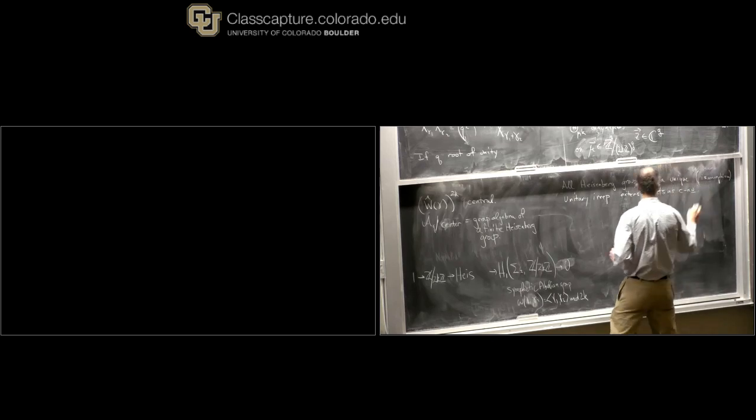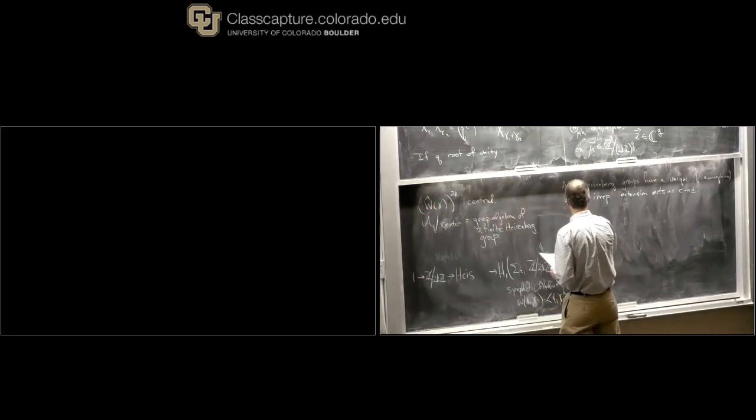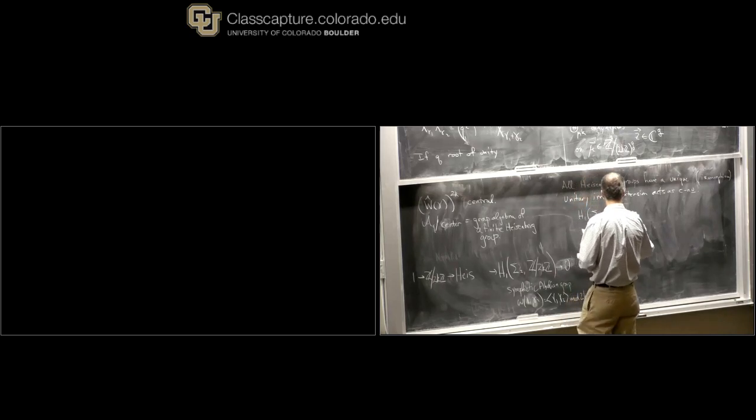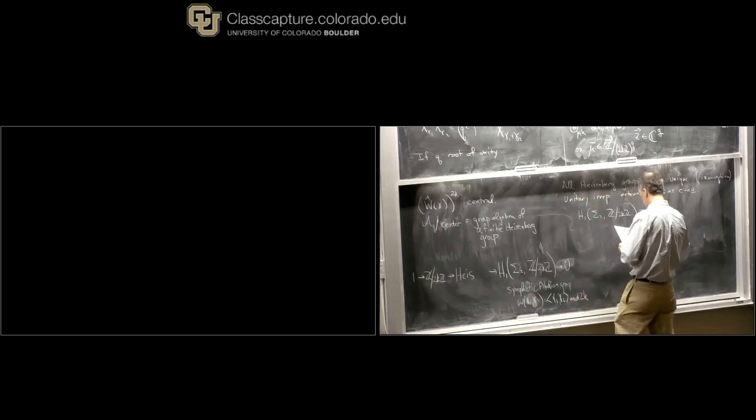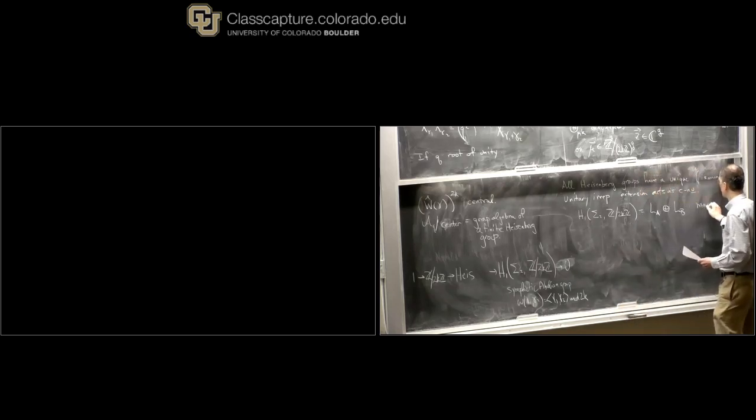Just acts by multiplication. So what do we do? You have to choose coordinates and momenta. So what do we do here? We take our finite Heisenberg group and we write it as a sum of 2 subgroups which are maximal Lagrangian.